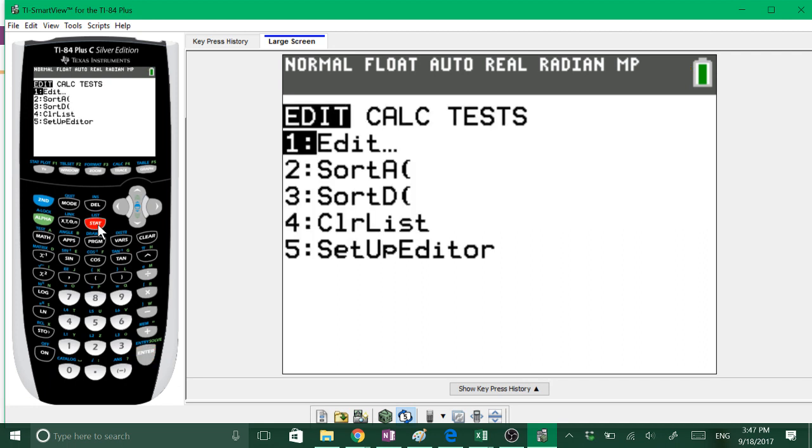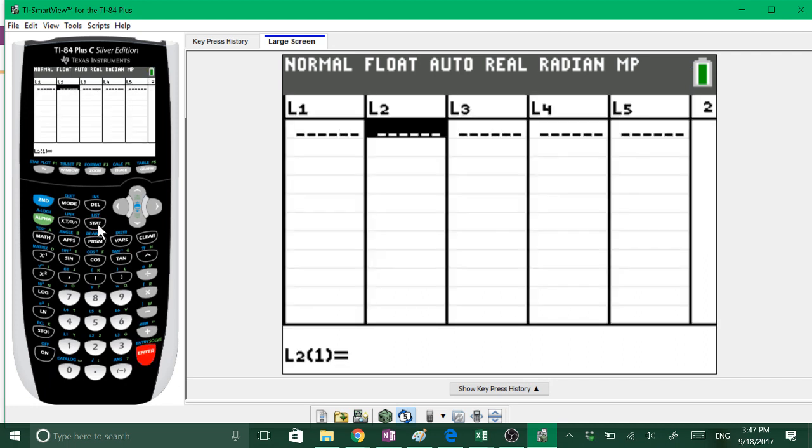I'm going to push stat, and I'm going to put all of those toe deformity angles into L1. It's probably easier if someone just reads them. Can someone read them?